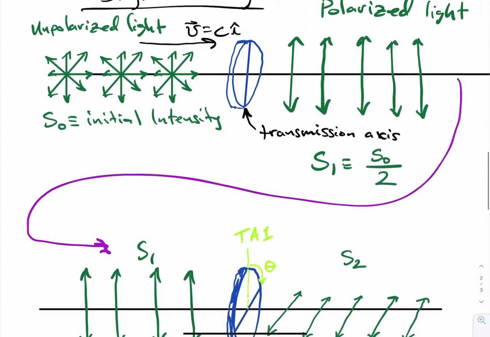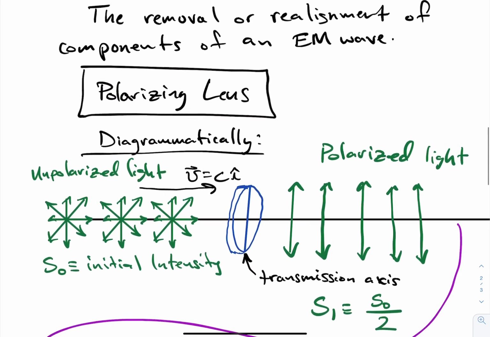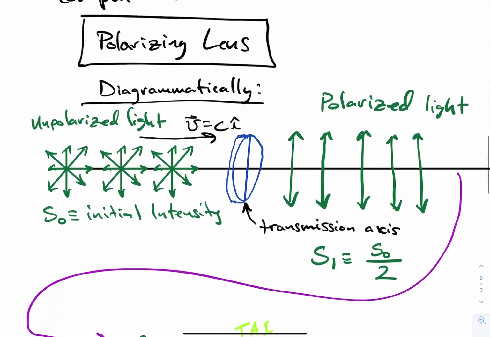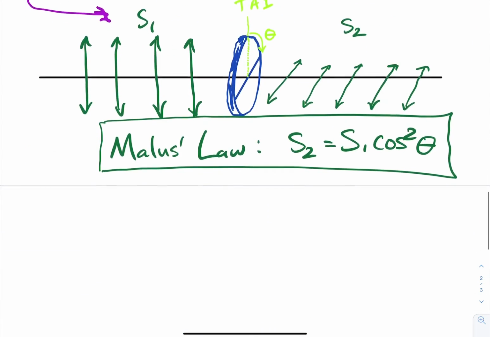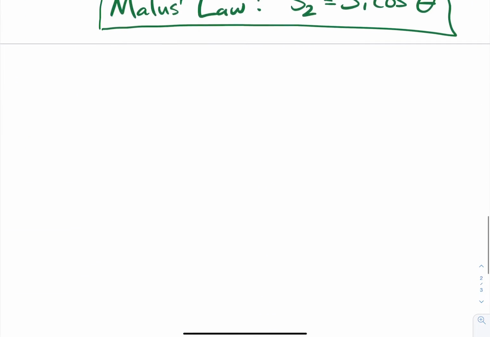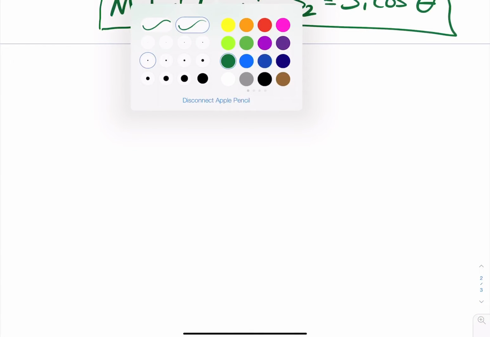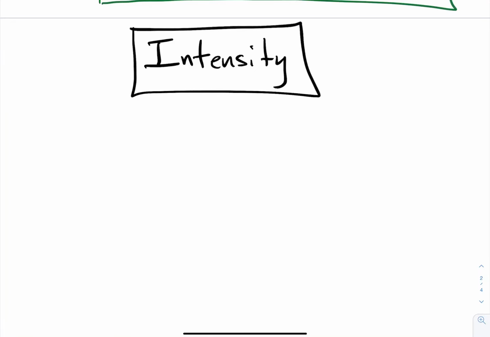We should also discuss this idea of intensity of light, because I've talked about it a few times. In general, emitted light, we rate how much light is being emitted with something called the intensity. And intensity, if you can imagine a light bulb, so maybe we'll look at the diagrammatic.